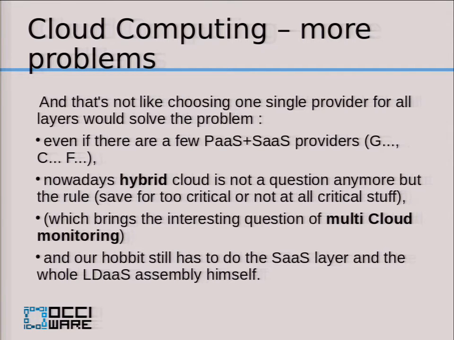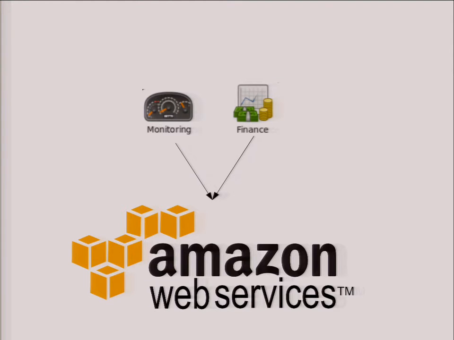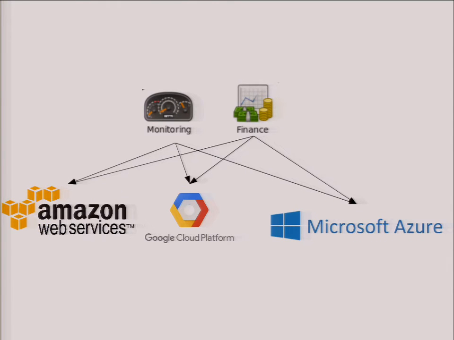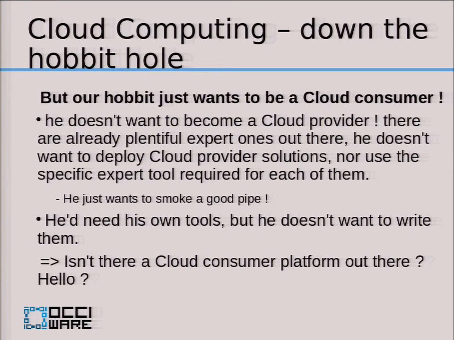And finally, our Hobbit still has to do the SaaS layer and the whole linked data as a service assembly himself, all the glue, which is a problem. If you want more, you have to add more and use their specific APIs, their specific tools, and I'm not going any further towards the big noodle plate we've already eaten.